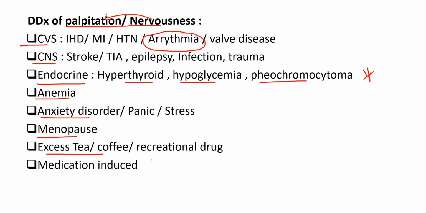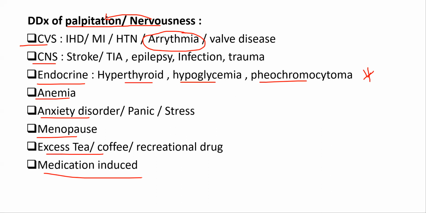Sometimes even if someone takes excess tea, coffee, or recreational drugs, it can present with palpitation. And some other medication, like a patient who has asthma or COPD, if they take a lot of salbutamol, that can also cause palpitation. So we will always try to rule out those medication-induced side effects in any kind of differential diagnosis.